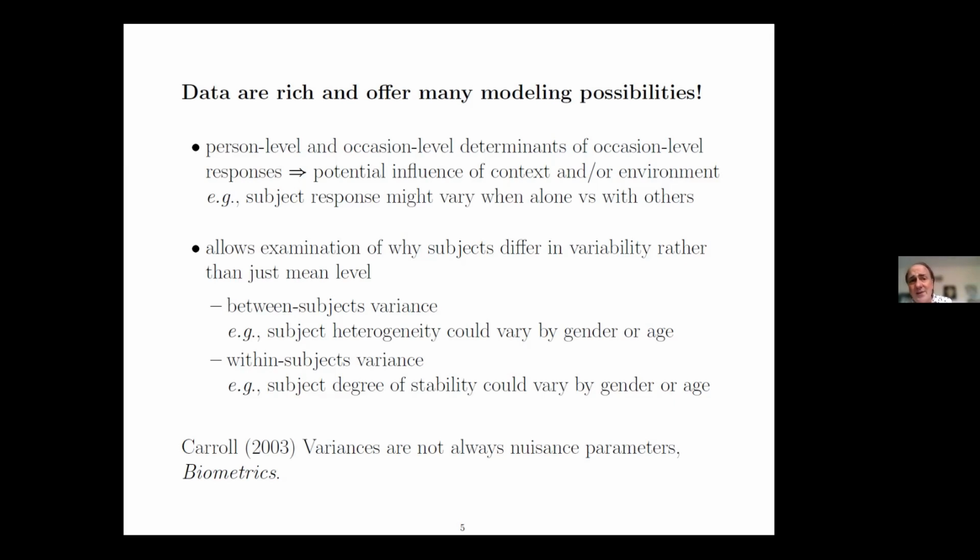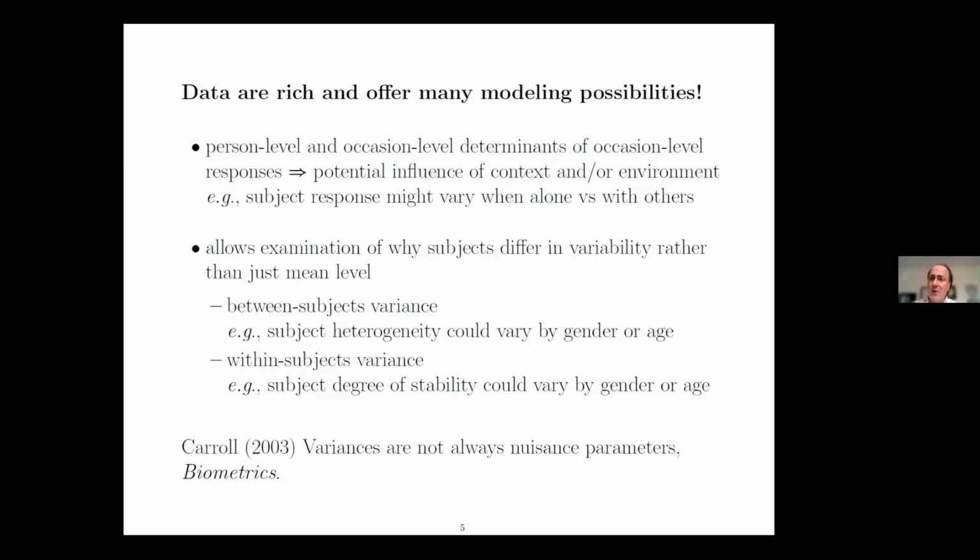And one additional thing that's really possible in data sets like this, where you have a lot of data within subjects, is that you can model not just the mean structure, but also the variance. And that's what I want to focus on today, and look at the effects of covariates on both the between and the within subject variance.